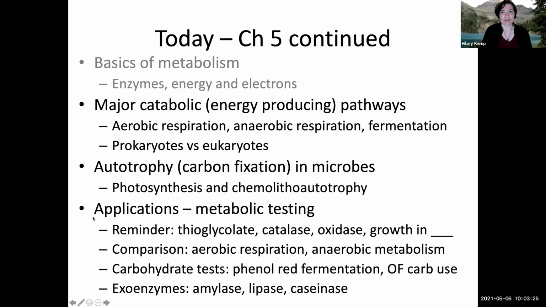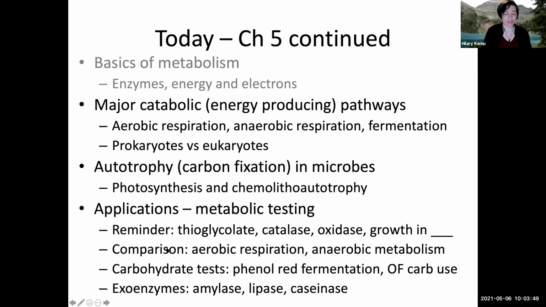We want to make sure that as we're looking at all this stuff, we're understanding the practical applications that you'll need in this course. So you want to remember how to do a thioglycolate and why that matters, catalase and oxidase. Enzyme testing is part of our lab this week, and growth in various environments.